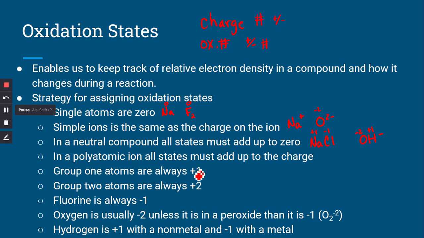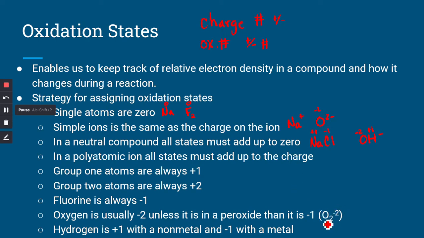Group 1 atoms are always +1, so that's how I knew the sodium was going to be +1. Group 2 atoms are always +2, and they have the same oxidation state as their charge because of how reactive they are. Fluorine, being the most reactive nonmetal, is always -1. Oxygen is -2 unless it's part of a peroxide.